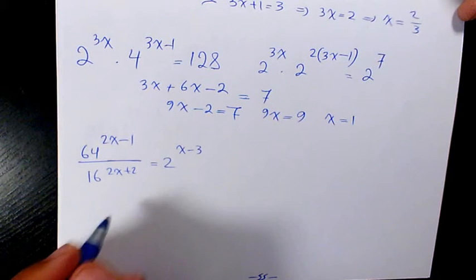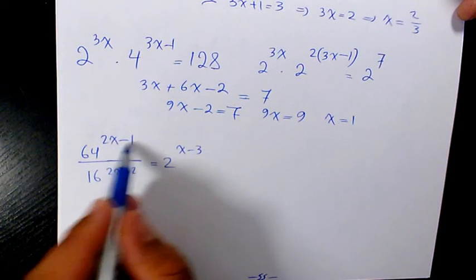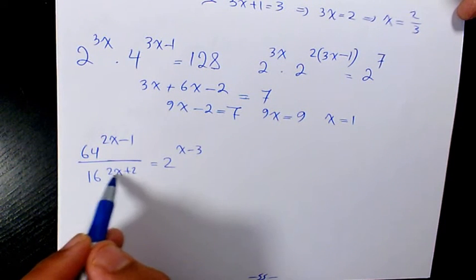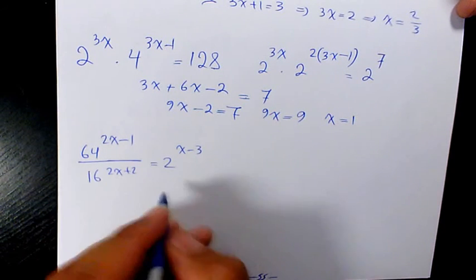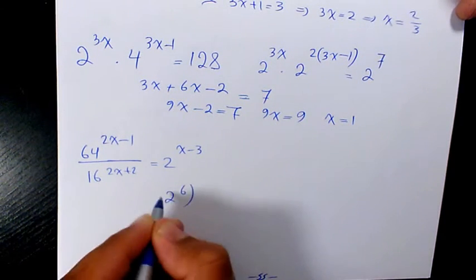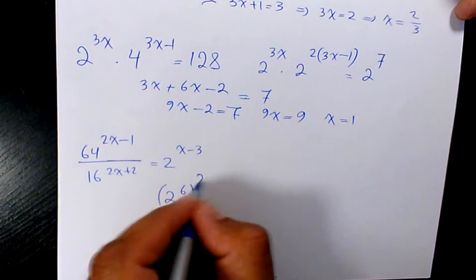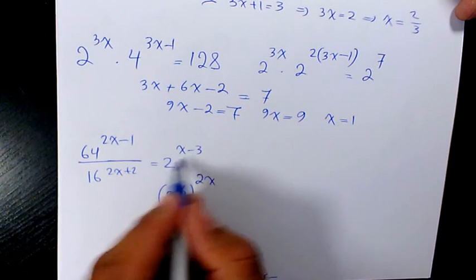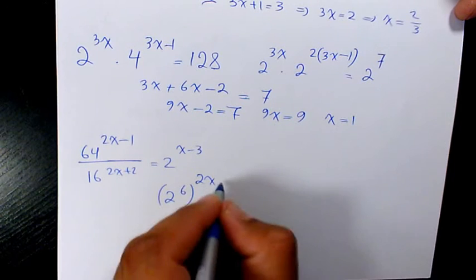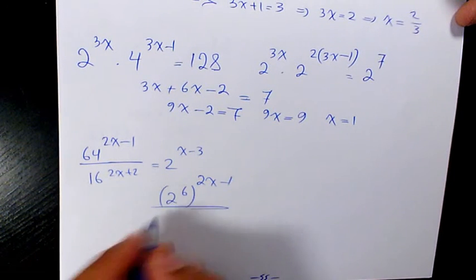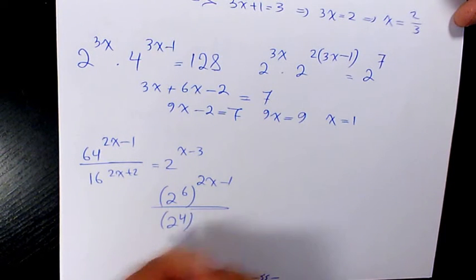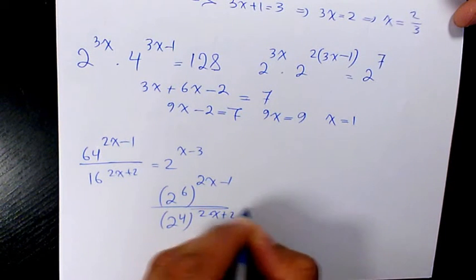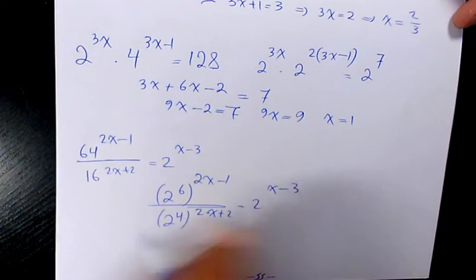Next one. 64 to the power of 2x minus 1 divided by 16 to the power of 2x plus 2 equals 2 to the power of x minus 3. 64 is 2 to the power of 6. If we didn't have this part, we could use 4 as well, but we cannot do it right now. So it's going to be 2 to the power of 4, 2x plus 2, equals 2 to the power of x minus 3.